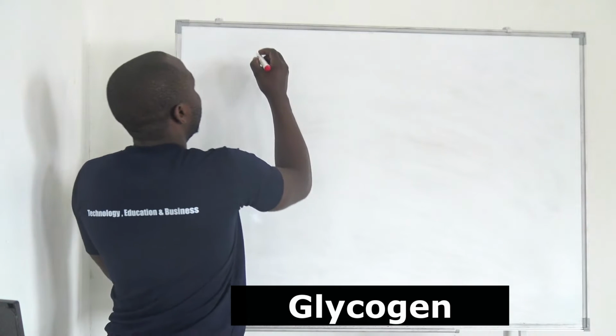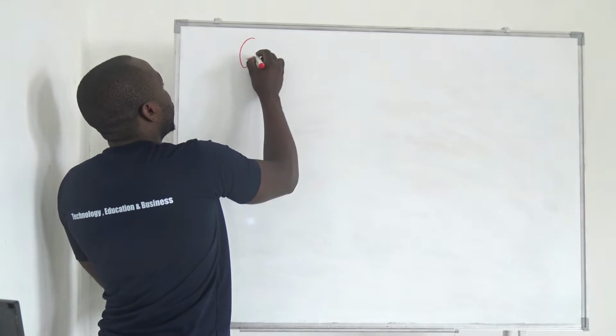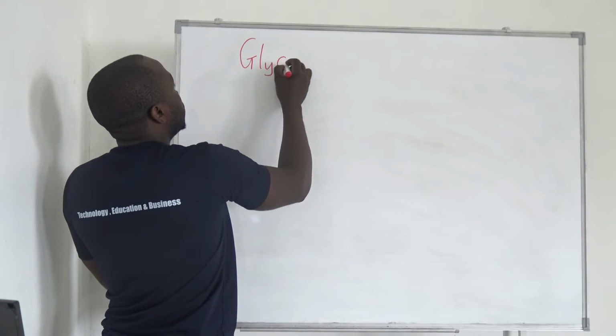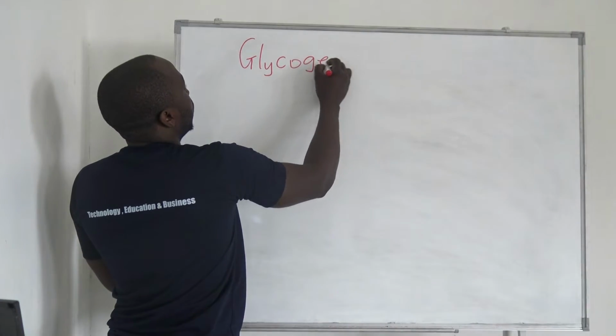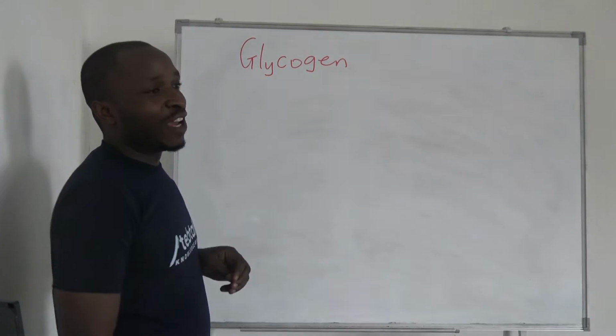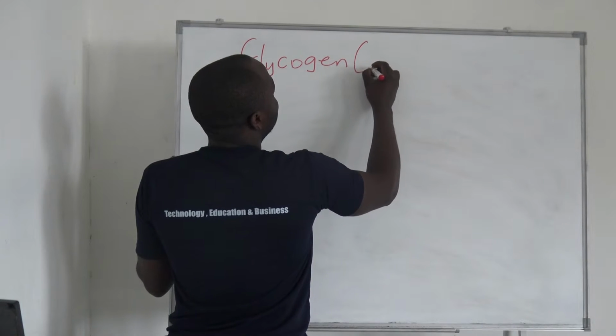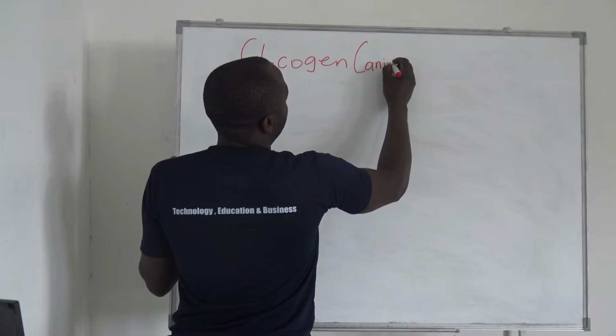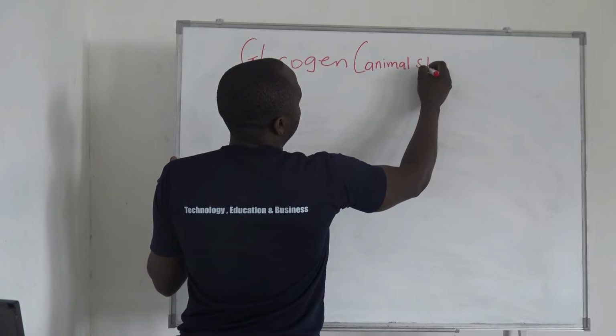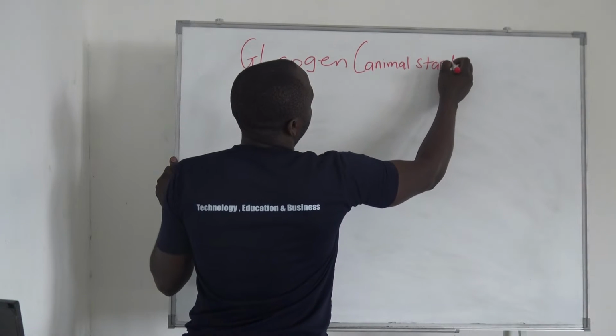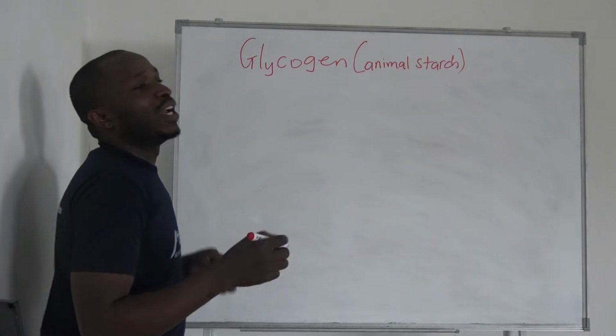So we can look at another polysaccharide called glycogen. Some books even mistake it and say glycogen is animal starch, but that is just to say what it does.